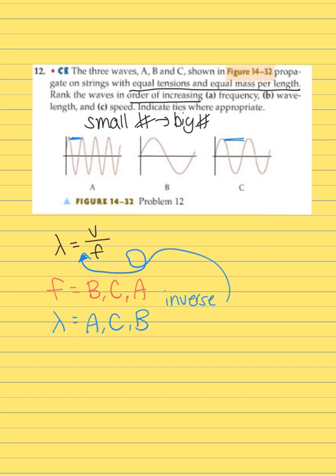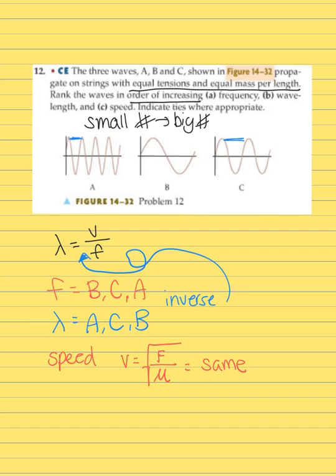Okay, so let's get started with our last part of this, where we are going to be talking about the speed. Now we know that these have equal tension, and then they also have equal mass per length. So that means that all of my speeds are going to be exactly the same.